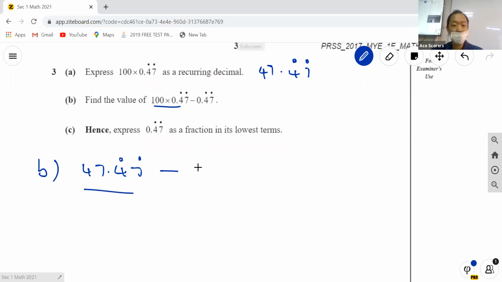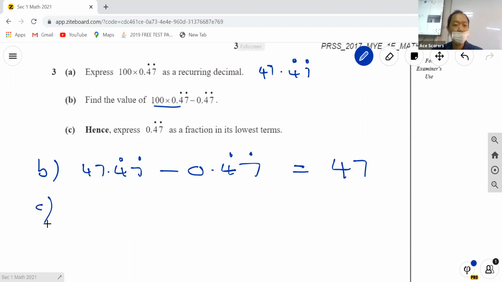So you take away 0.47 with dots at the top. The final answer is 47. Why? Because when you remove the 47 with 2 dots, you are removing everything from here onwards. Right? So everything from here is gone. So the final answer is just 47.